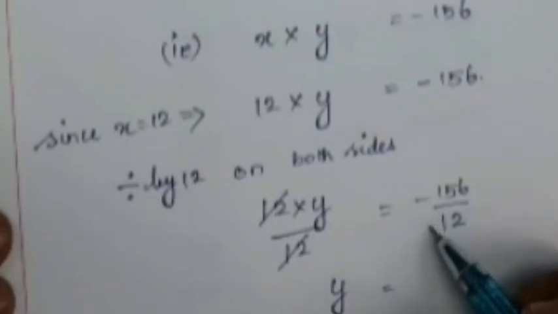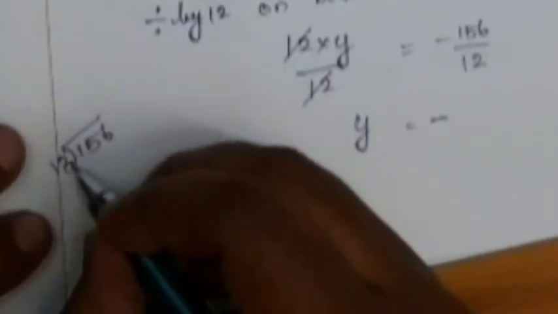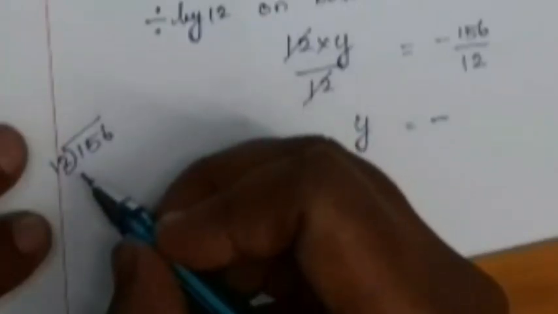156 divided by 12. Here we can see that the numerator has negative number and the denominator has positive number. By dividing a negative number by a positive number, we get the negative number as result. Now let's divide 156 by 12.